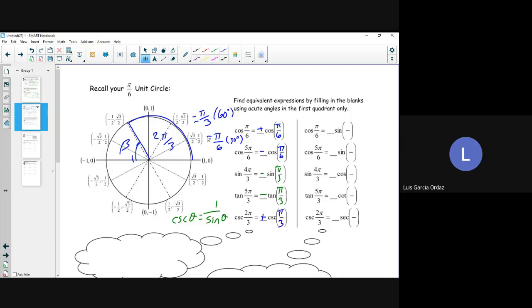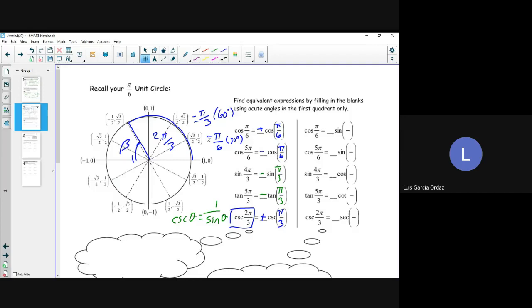Isn't it just sine then? Like, how is that cosecant? Oh, because we're just saying that this reciprocal function is still positive on that side because it's related to sine. Okay?